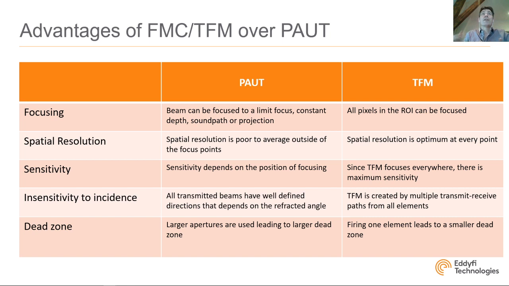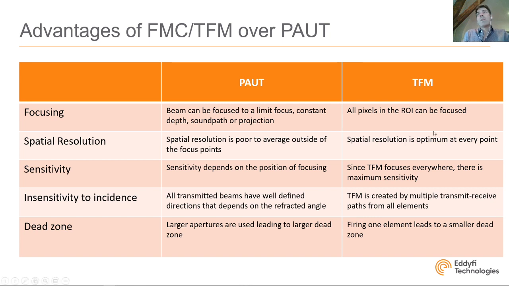So the result is that the spatial resolution for PAUT really depends on your choice of focusing. If you are focusing in the right area, you're going to have a nice spatial resolution, but outside of this area, your spatial resolution can become average to poor, depending on the application, of course.